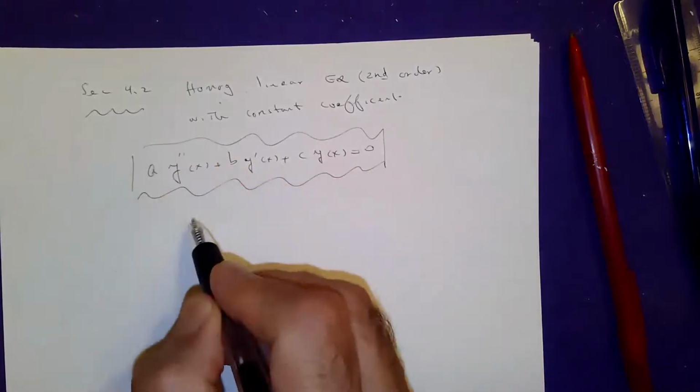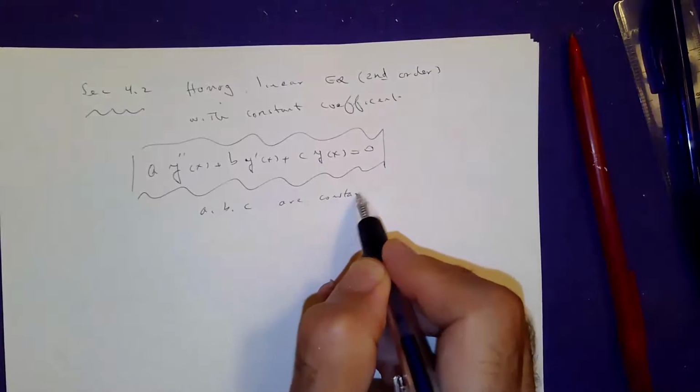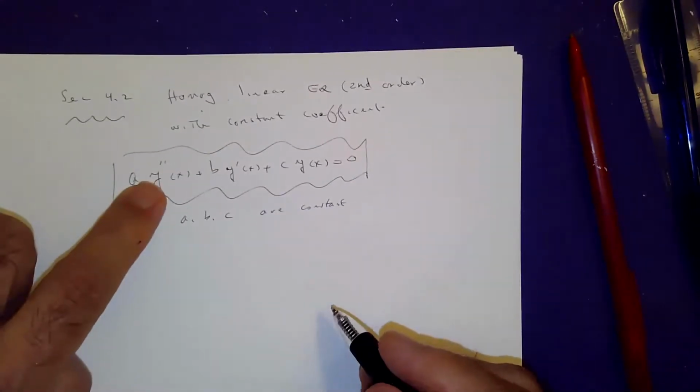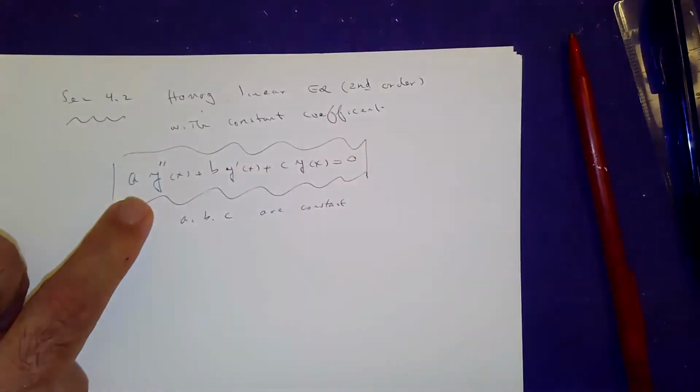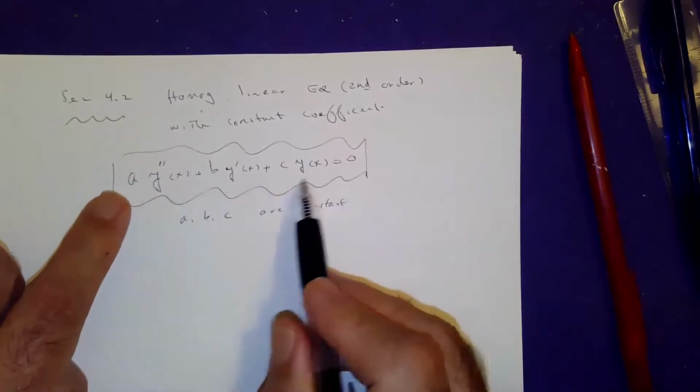Do you see it? Notice A, B, C are constant. So what is the title of this equation? Second order, because I have a second derivative, that's the highest derivative. Linear, because none of these have any powers.